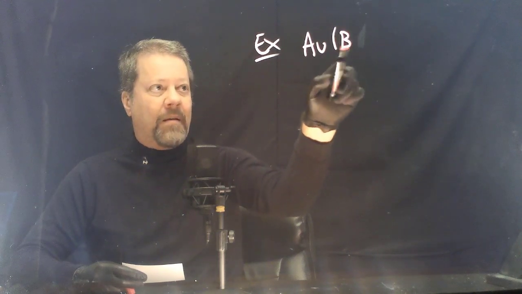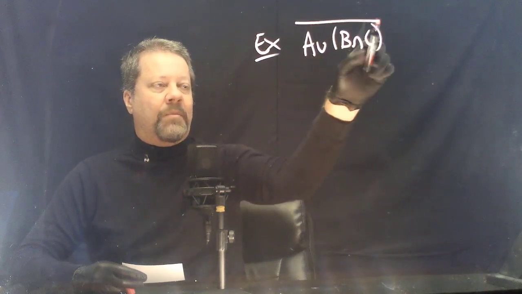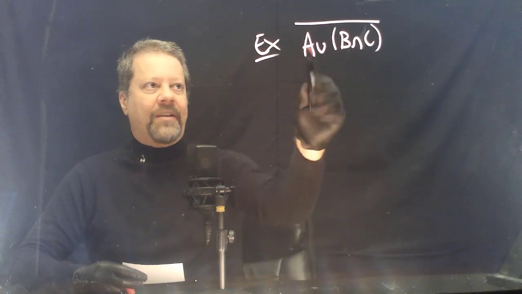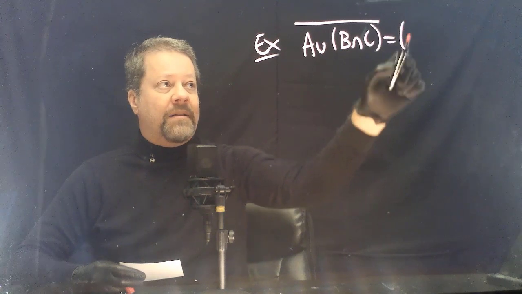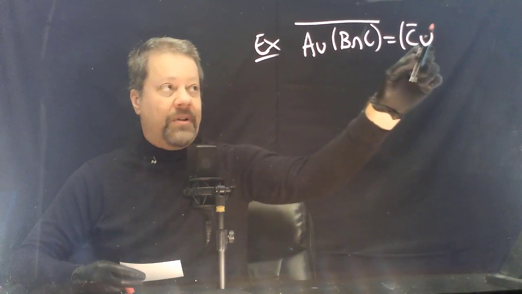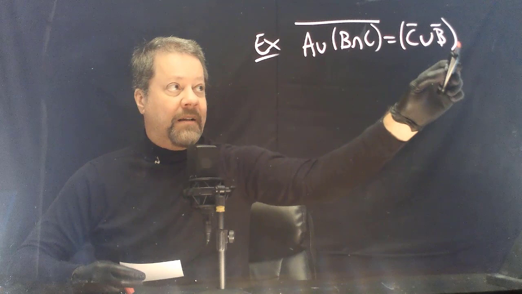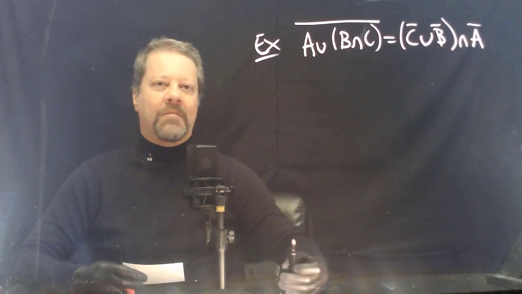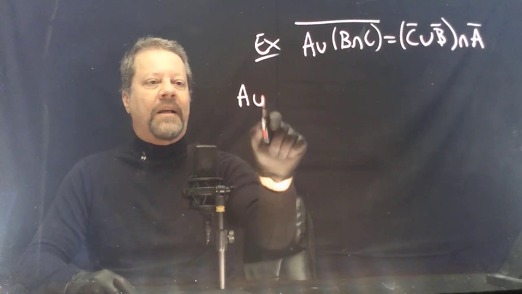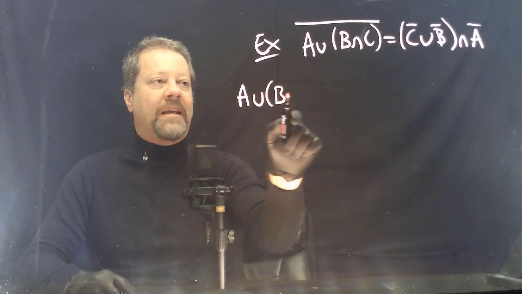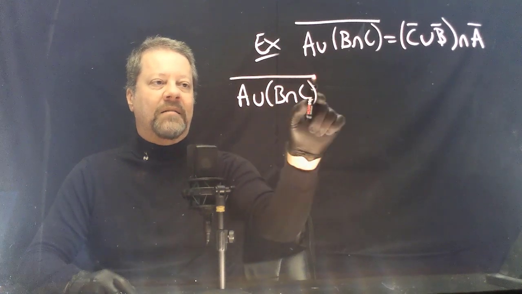We can also use our identities to prove various equations. Prove that the complement of A union the quantity B intersect C is C complement union B complement intersect A complement. We'll start on the left-hand side. A union B intersect C complement.